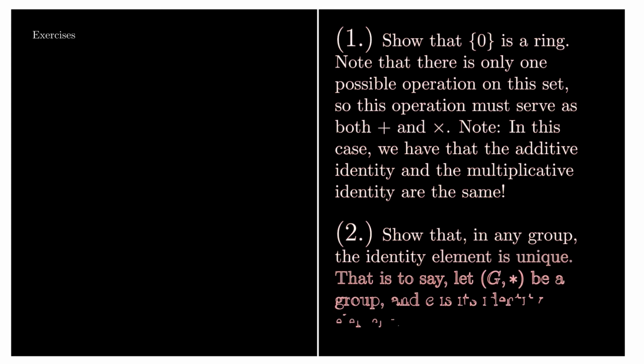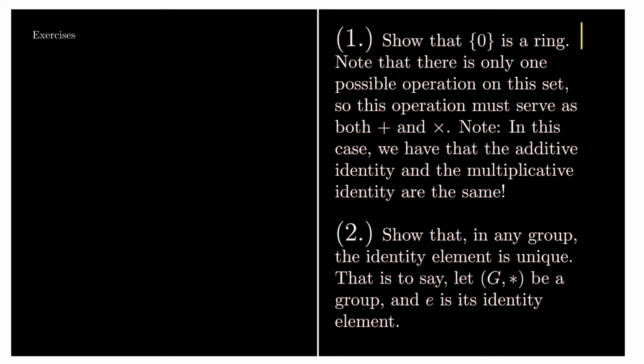So to begin with, let's talk about what I was talking about a little while ago, which is to show that just the set of 0, right? Notice that this has only one element. I'm calling it 0, but it's going to be the additive identity. Since there's only a single element in the set, there's really only a single operation on this set.